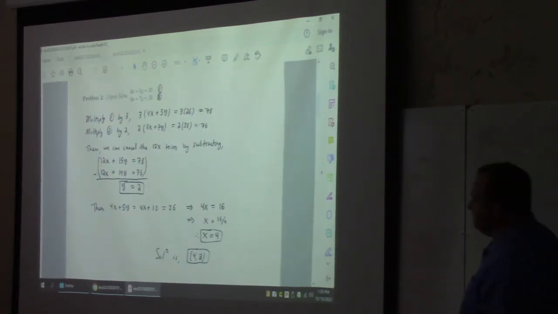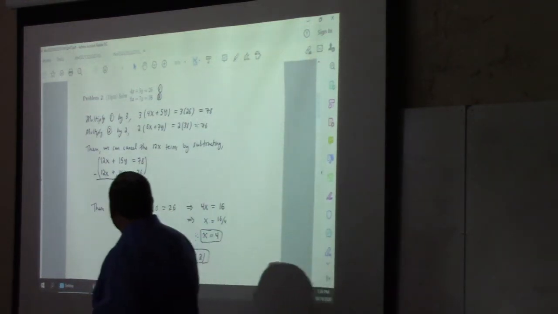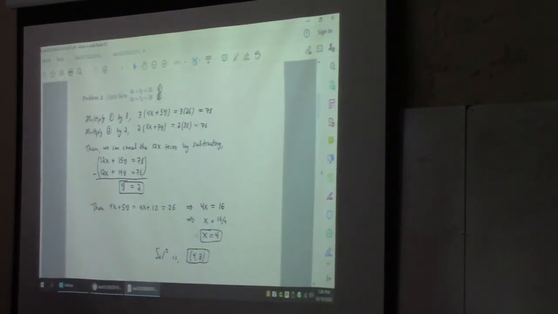So this one, I multiply the top equation by 3 and the bottom equation by 2 so that I could match up the 4 and the 6 at 12, right? So I get 12x plus 15y is 78, and the second one gives me 12x plus 14y equals 2 times 38, which is 76.